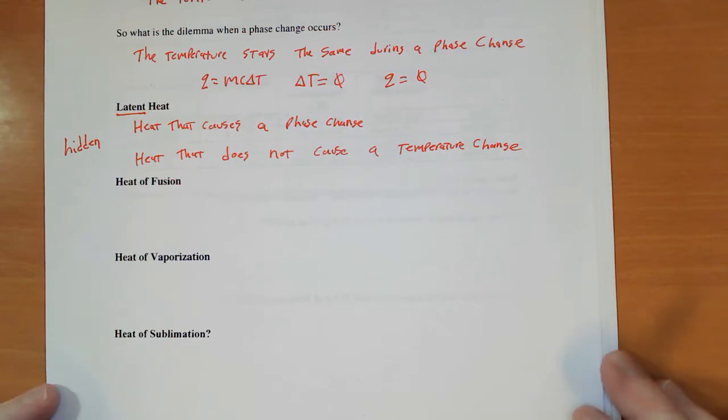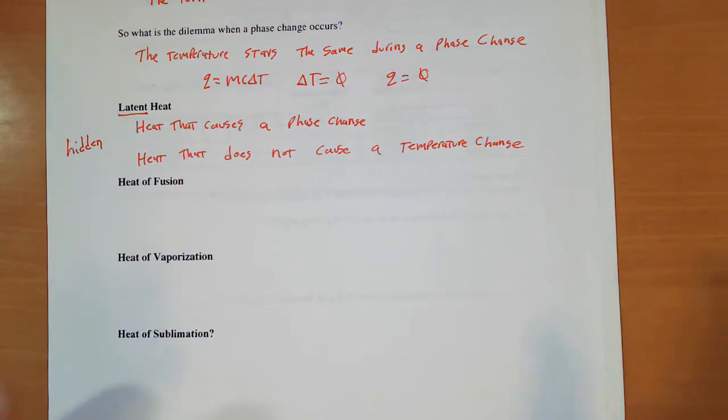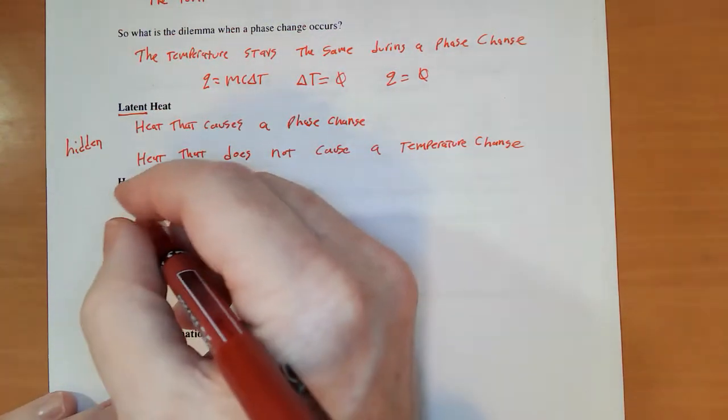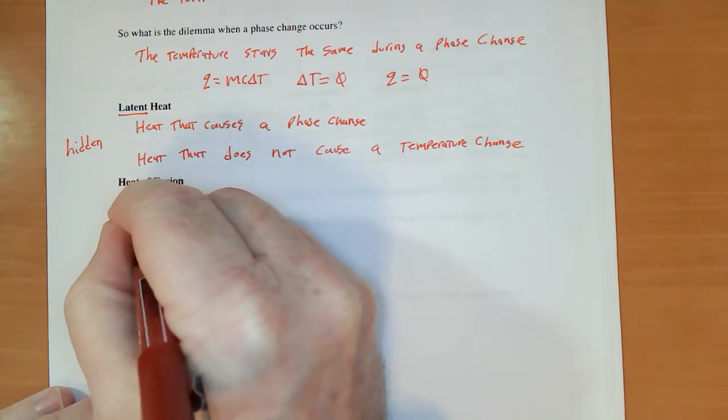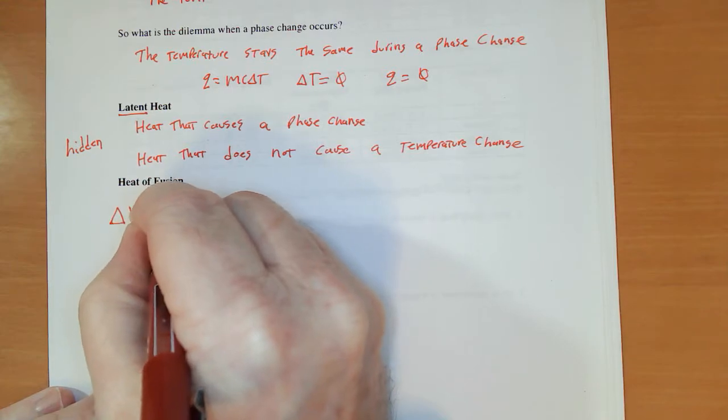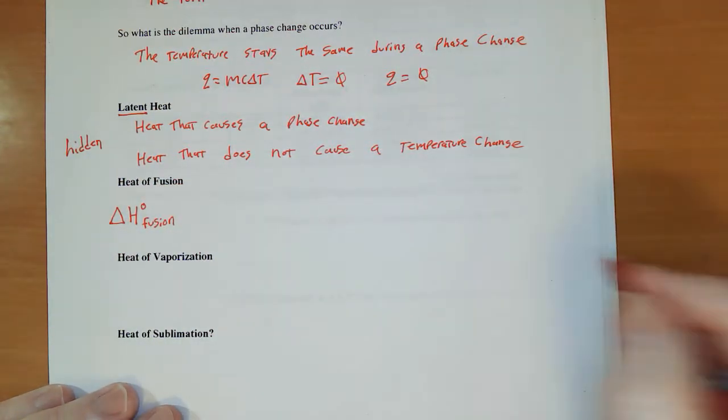Now, there are some latent heats that we have named, like the heat of fusion, delta H naught fusion. It has a very strict definition.